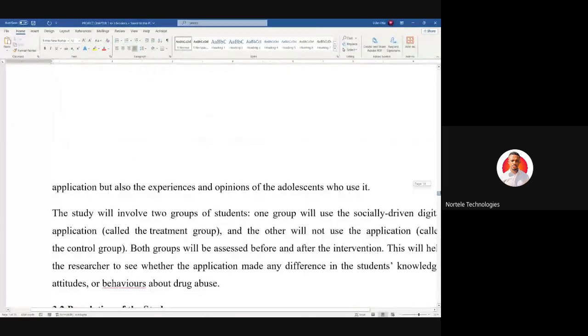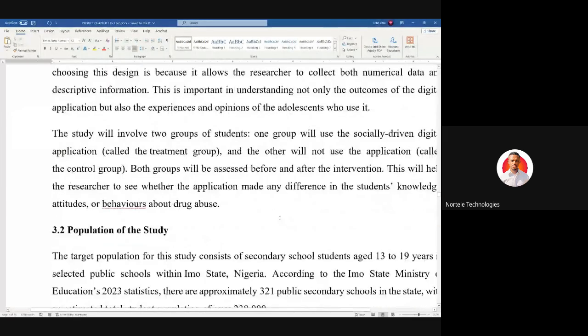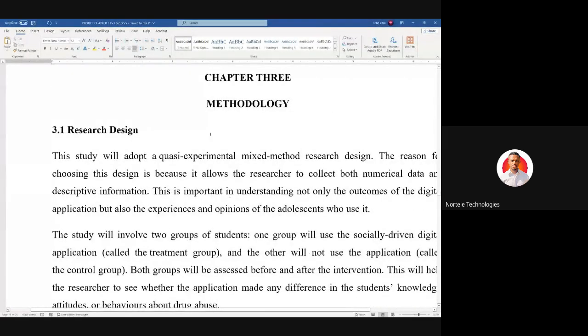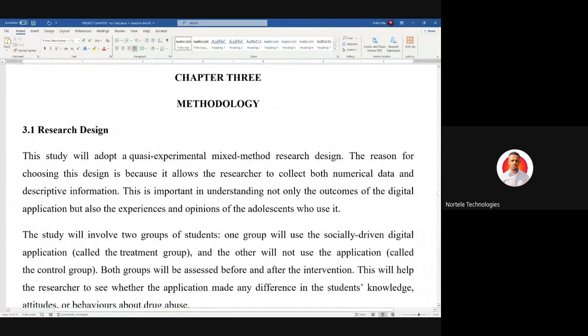So the methodology now, this is the main part. This is where a lot of people get confused. What are you using to do your work? What method are you using to do your work? Are you using qualitative? Are you using quantitative? Let me first explain.